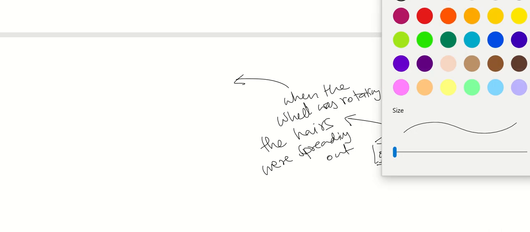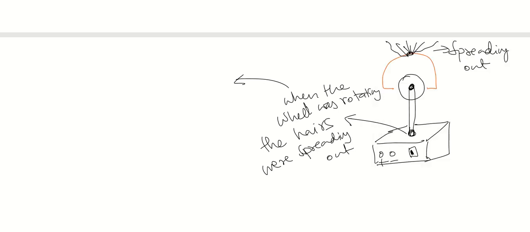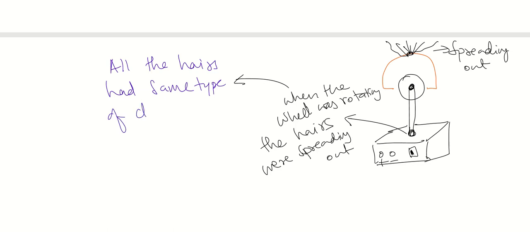It showed that all the hairs had the same type of charge. For example, if the belt is taking all the positive charges and depositing them here, then all these hairs are also having positive charges. So all the hairs had the same type of charge and they were repelling.